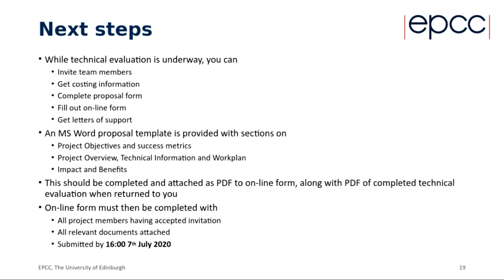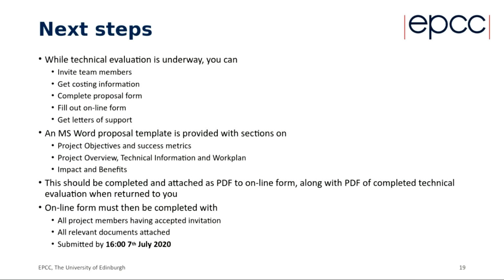While the technical evaluation is underway, you can get on with inviting team members, getting the costing information required, completing the proposal form, filling out the online form, and getting any letters of support. We do recommend that where possible you get letters of support. Generally speaking, what the panel are looking for is, if for example you're looking to do code development on a particular piece of software, and the main code developers support this work, then a letter of support from them will be good.